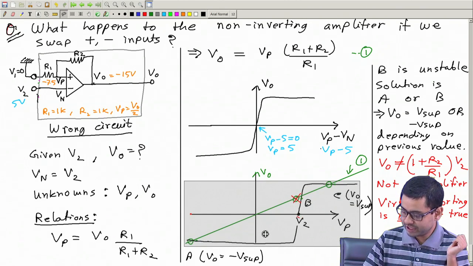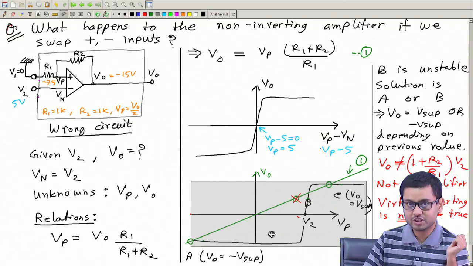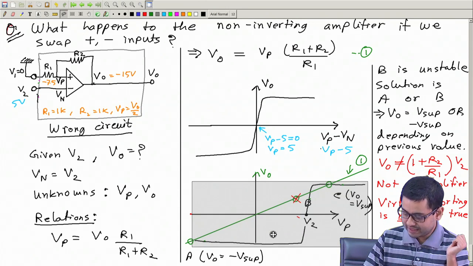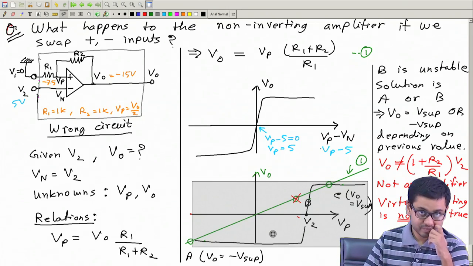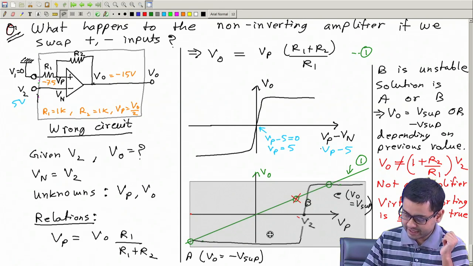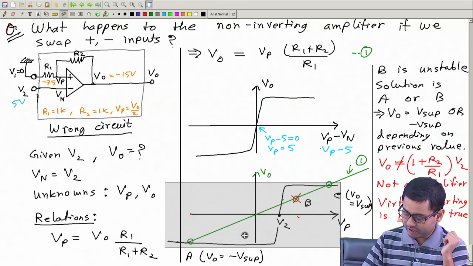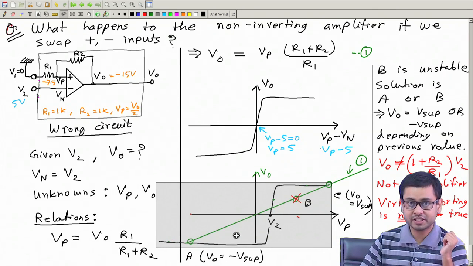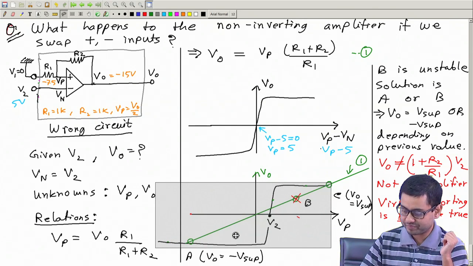If I increase V2, point C is not changing, and neither is point A. If I decrease V2, point C and point A are also not changing. The solution will remain the same.